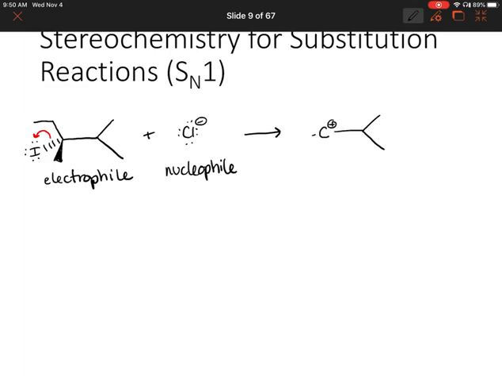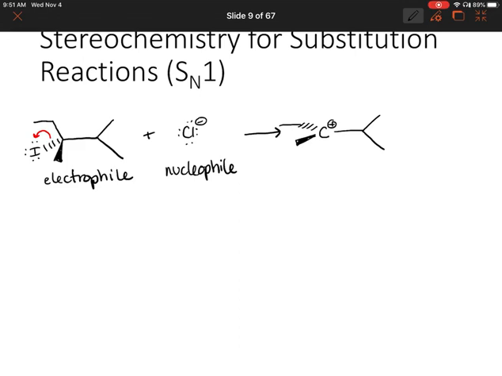And that carbon is now bonded to only 3 different groups. So it's going to be trigonal planar. So I'm drawing that carbon now as if it's in a trigonal planar geometry, but I'm still showing a wedge and a dash to indicate that even though the methyl and ethyl groups that are attached are in the same plane, one is going away from us and one is coming out towards us.